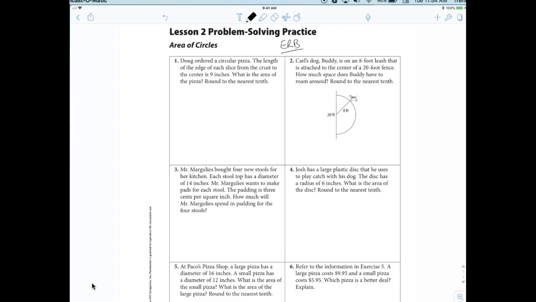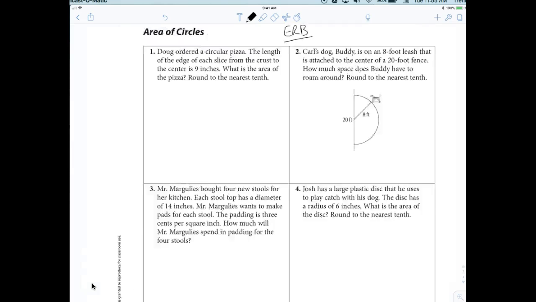Carl's dog Buddy is on an 8-foot leash that is attached to the center of a 20-foot fence. How much space does Buddy have to run around? Do you know what they're saying here? Is 20 the diameter?